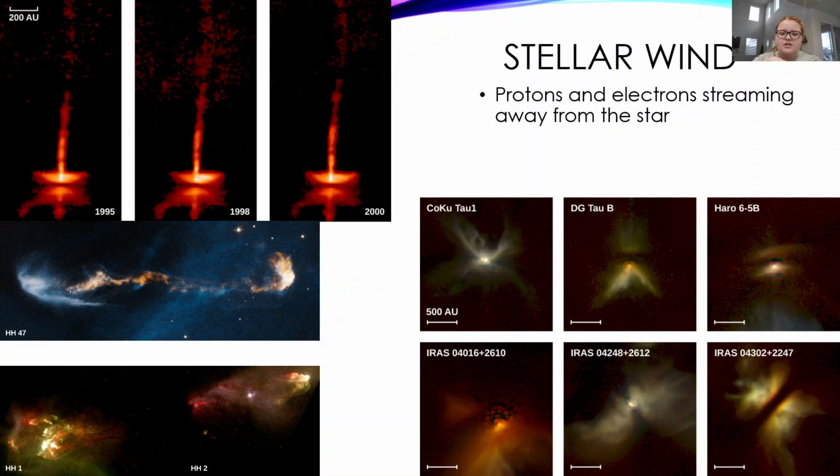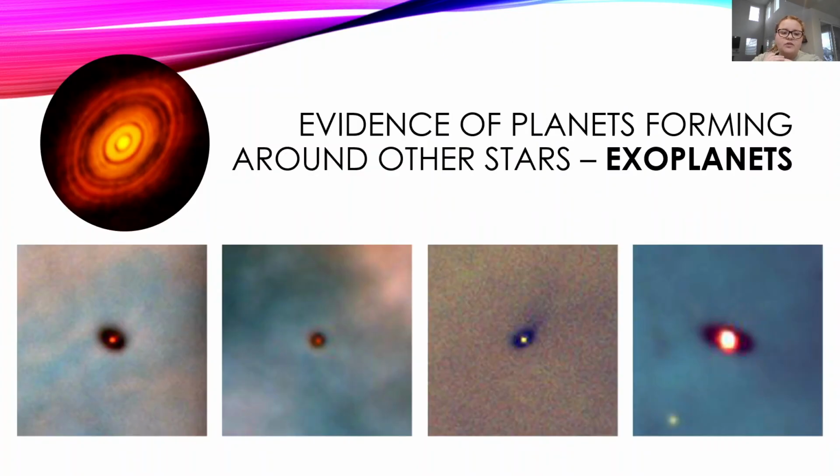So we have evidence of planets that are forming around these other stars, and just like I was talking about before with the formation of the solar system, we'll see that around other stars. These planets we call exoplanets because they are outside of our solar system.